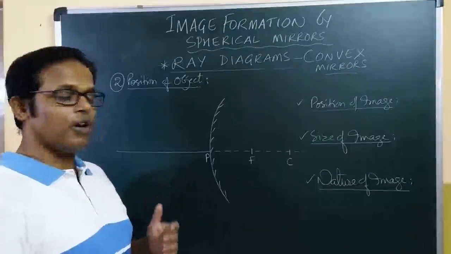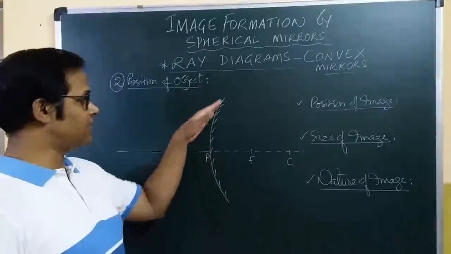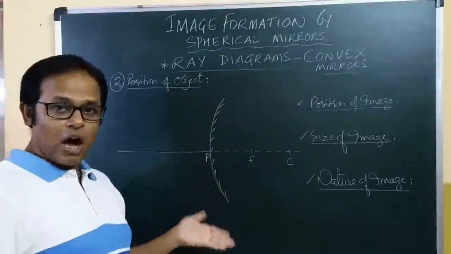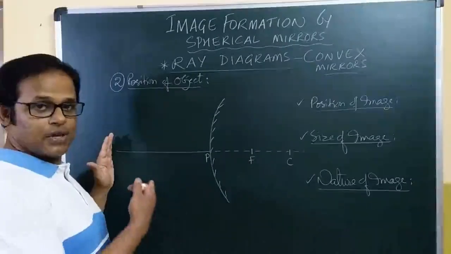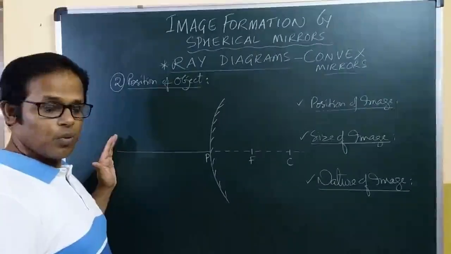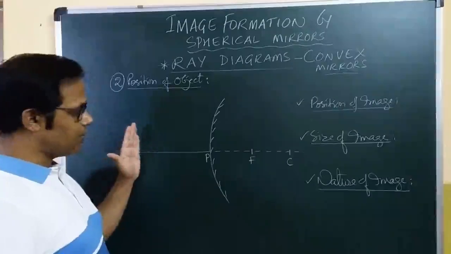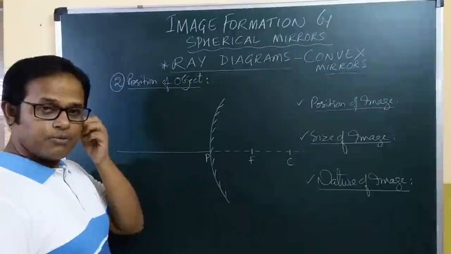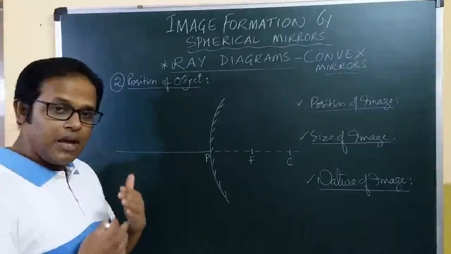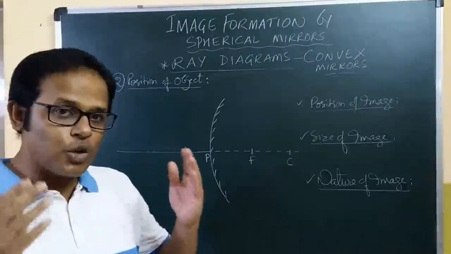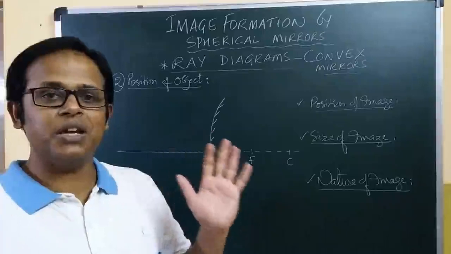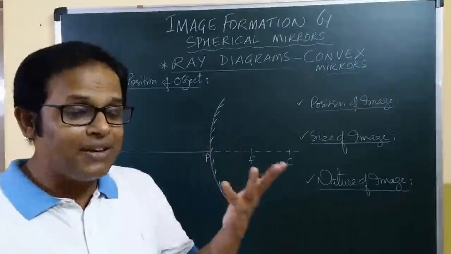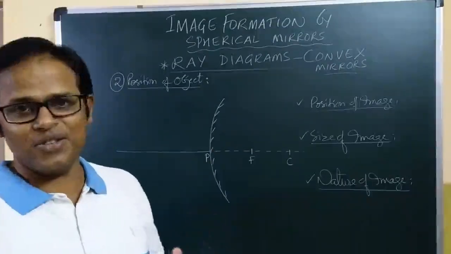In case of convex mirrors, which have a reflecting surface that is bulged outwards, whether the object is at infinity, as we have discussed in position number 1, or even if it comes closer, it has been found practically that the image never grows in size. In simple terms, it never becomes larger or even equal to the size of the object.